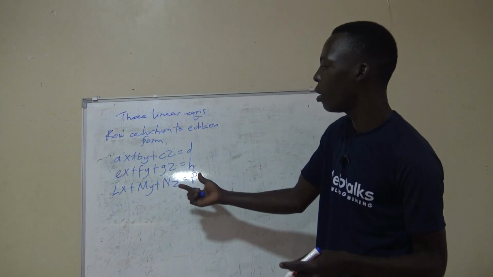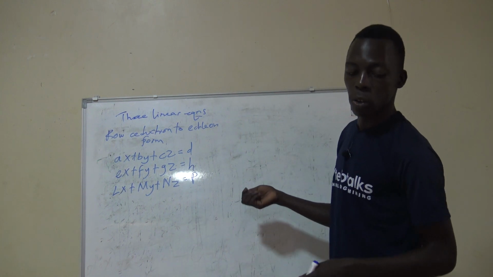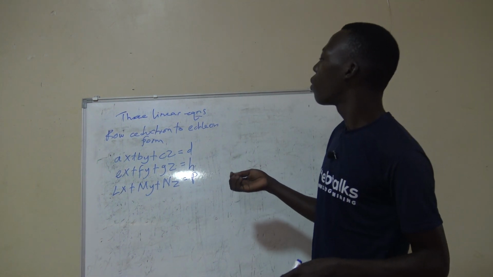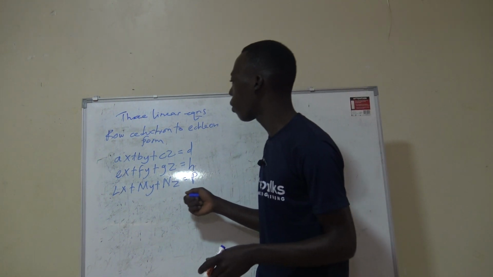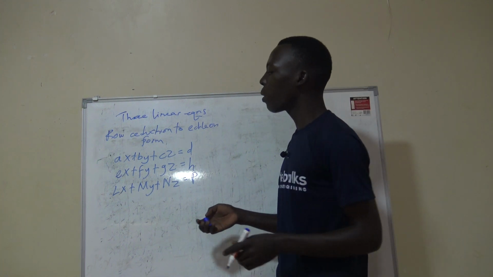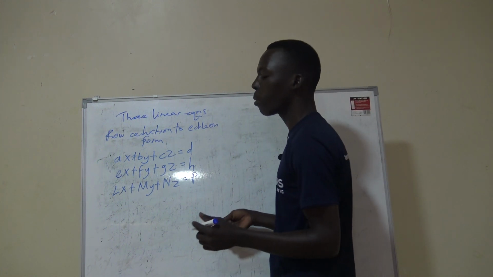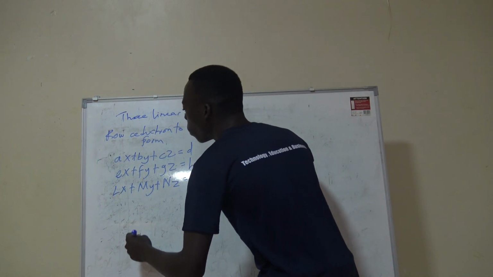Maybe if they are given these three equations and they say you solve them simultaneously using row reduction to echelon form, the first thing to do is to make them in the form of a matrix.